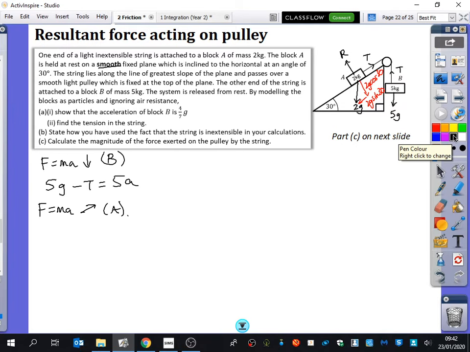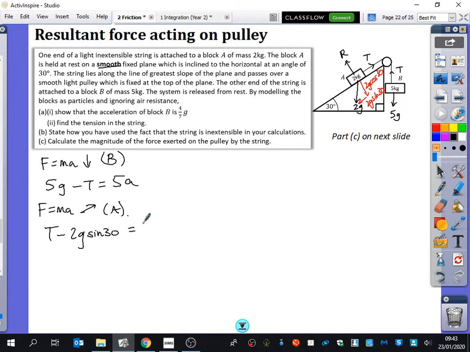2g sine 30. So if you find that hard, definitely draw out your second diagram. So you get T minus 2g sine 30 is equal to what? It's a smooth plane, yeah.